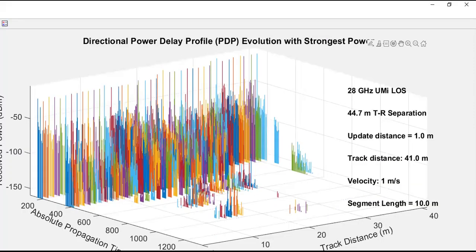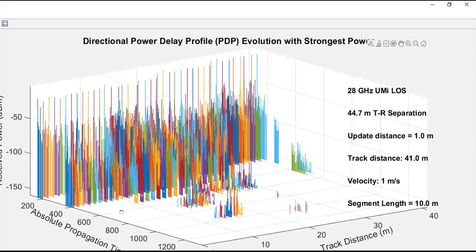That's interesting. Okay, so you see that this axis has a distance of 40 meters because that was our setting. At some regular segments, it has generated the PDP.